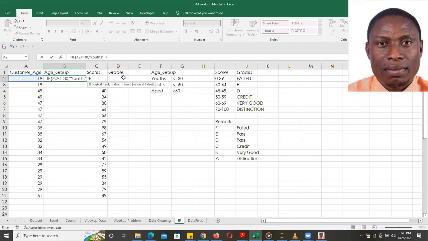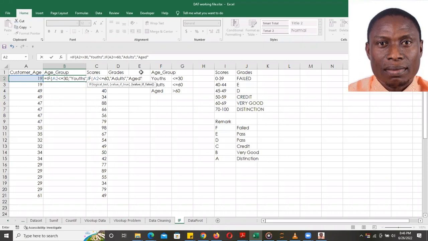If this same guy is less than or equal to 60, adults, yes, thank you. Otherwise, it is what? Aged.